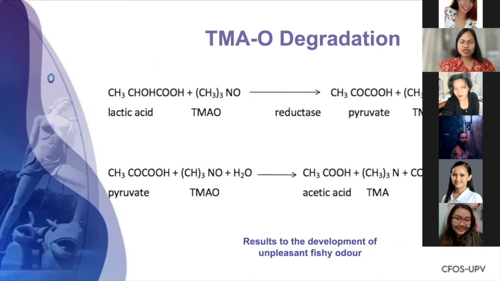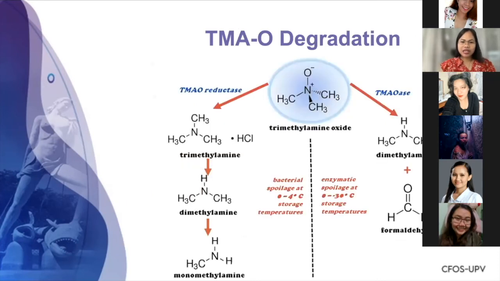Next is TMAO degradation. So yun yung na-mention natin kanina, no? That it involves both the bacterial degradation acted on by bacteria and also by the enzyme TMAOase. So take note that bacterial spoilage is what takes place at chilled condition, while the enzymatic takes place at frozen condition.